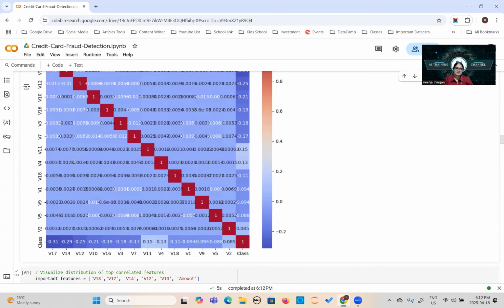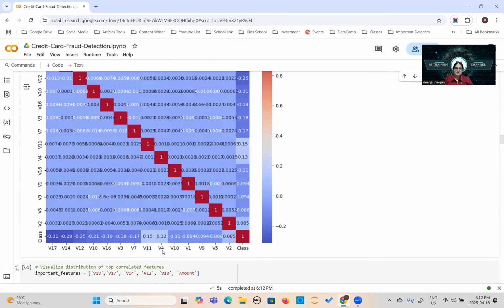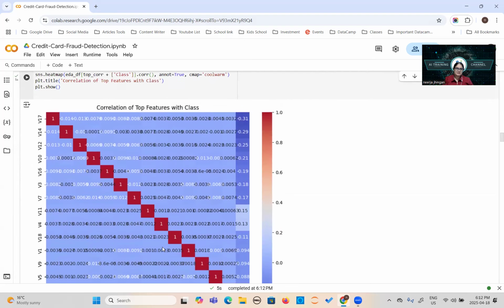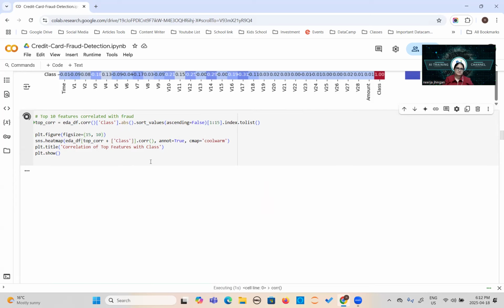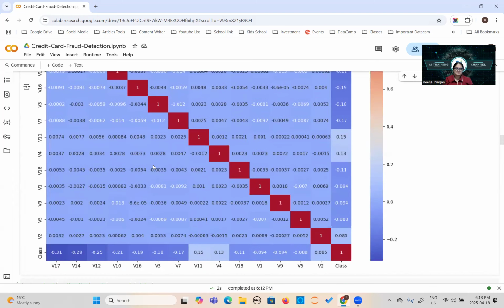Now look at this. It is showing about this. We need to make it a little bit bigger here. Let me increase the size. You can also do that. So it will increase the size of this one. This looks much better, right?